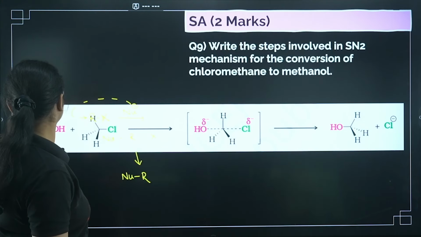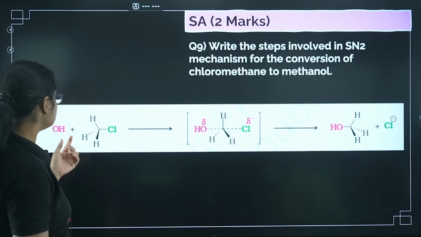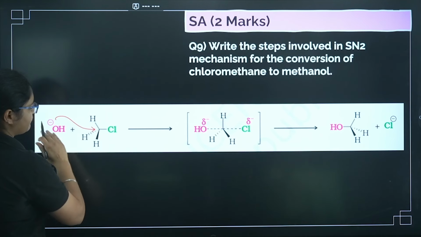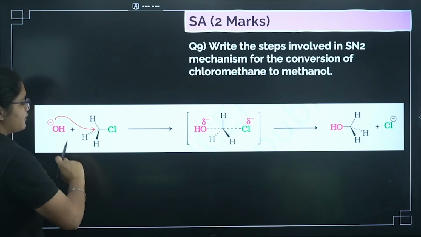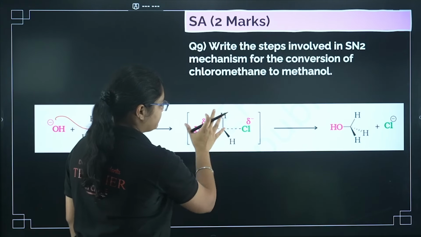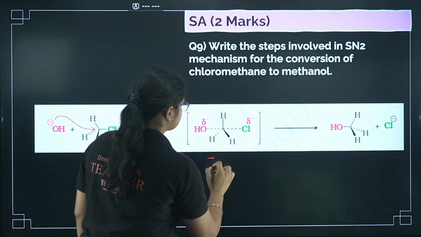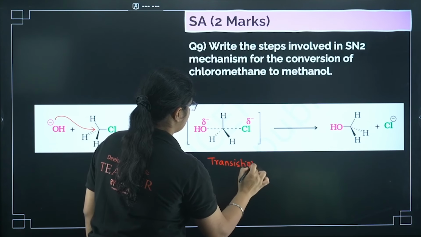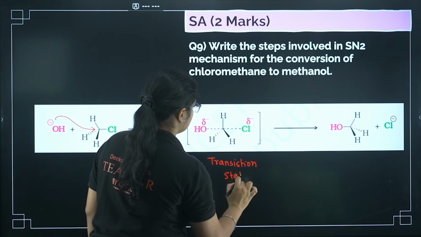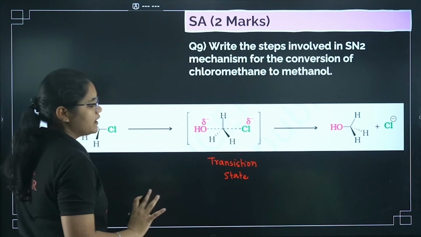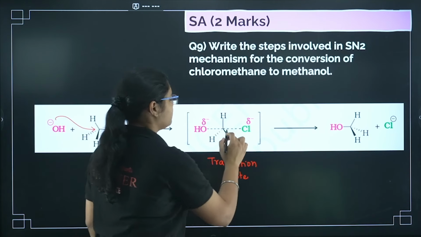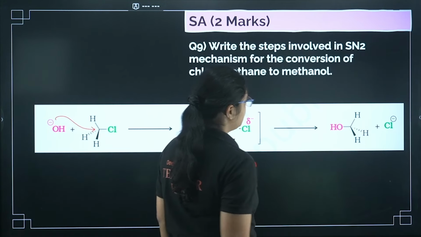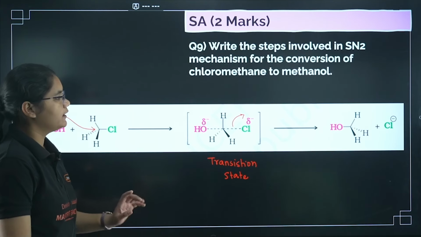Now let's see the reaction. Here OH minus attacks from the back side, and there will be a condition like this, called the transition state. Once this is formed, the chlorine goes out, and this particular product remains, plus Cl minus. Clear?